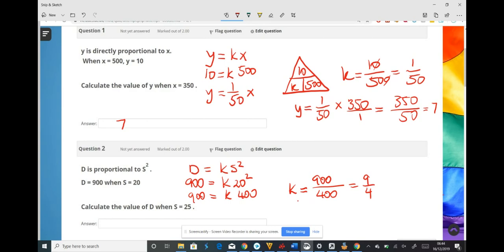Now we can rewrite this as d is equal to 9 over 4 s squared. D is equal to 9 over 4 times 25 squared, which is 1406.25.